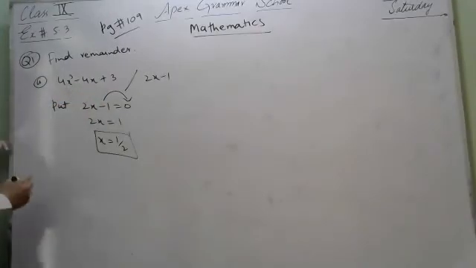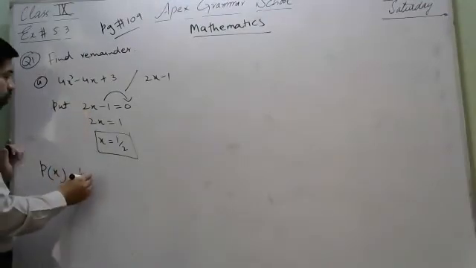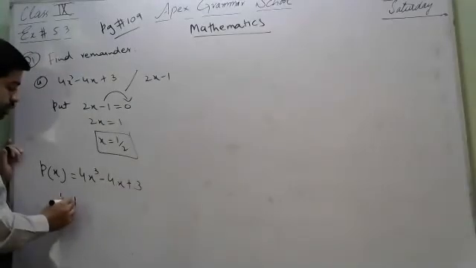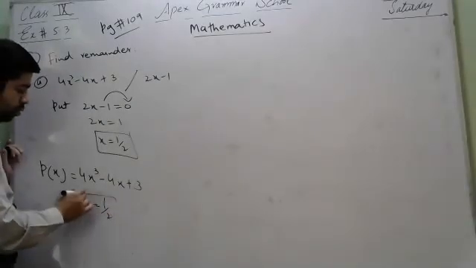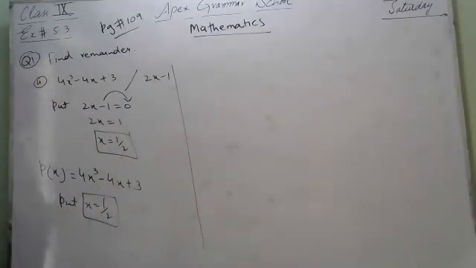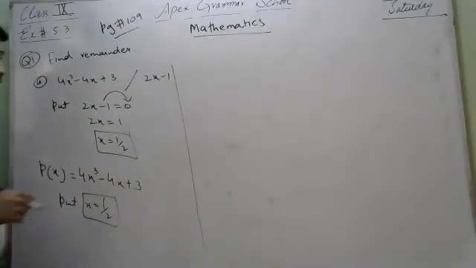x. So the polynomial p of x is equal to 4x cubed minus 4x plus 3. Then put x is equal to 1 over 2 wherever the value of x is.